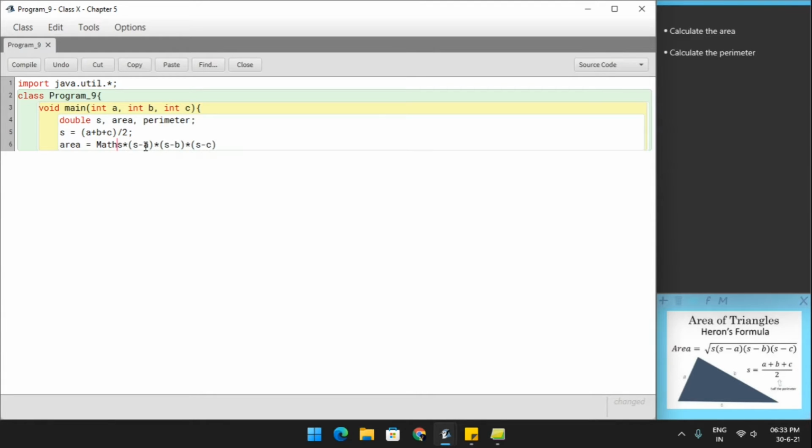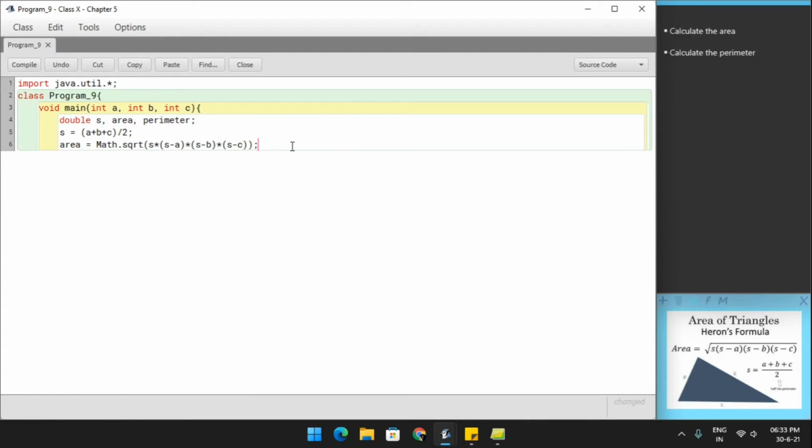So we'll have math.sqrt. We'll put this entire thing inside the function of math.sqrt, and this will return the under root of the entire value.